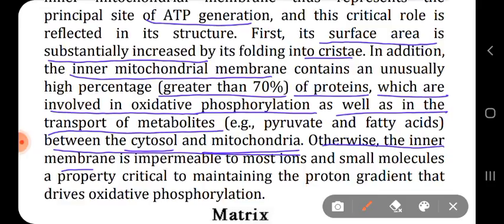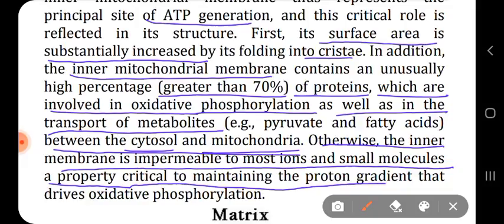Otherwise, the inner membrane is impermeable to most ions and small molecules, a property critical to maintaining the proton gradient that drives oxidative phosphorylation. So that's why the inner mitochondrial membrane is quite important for ATP generation.